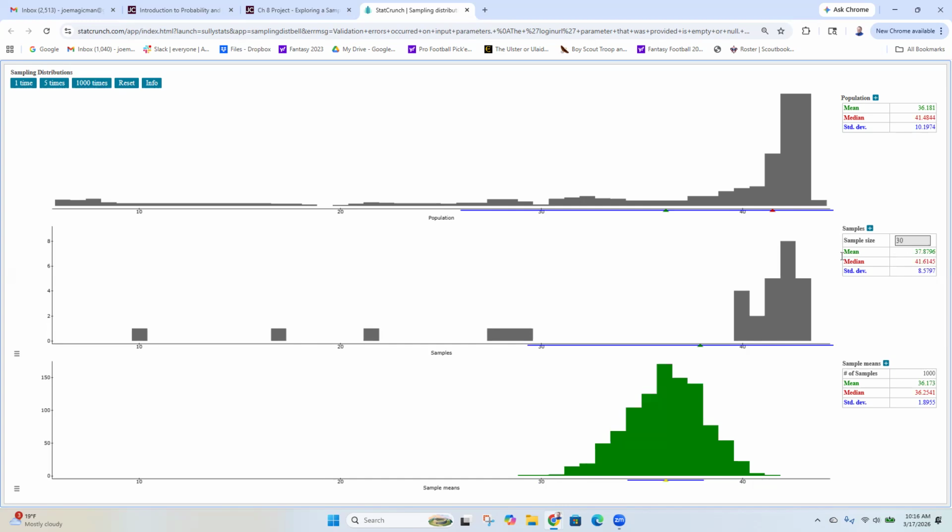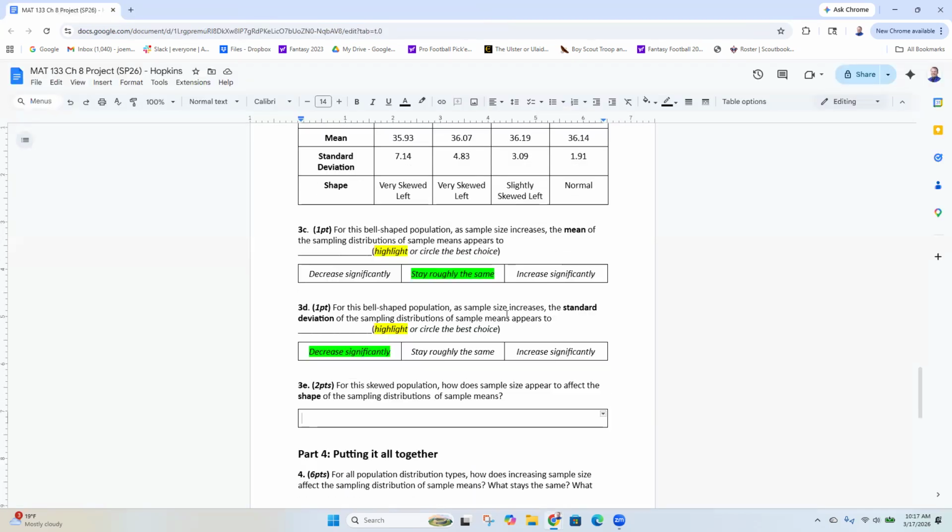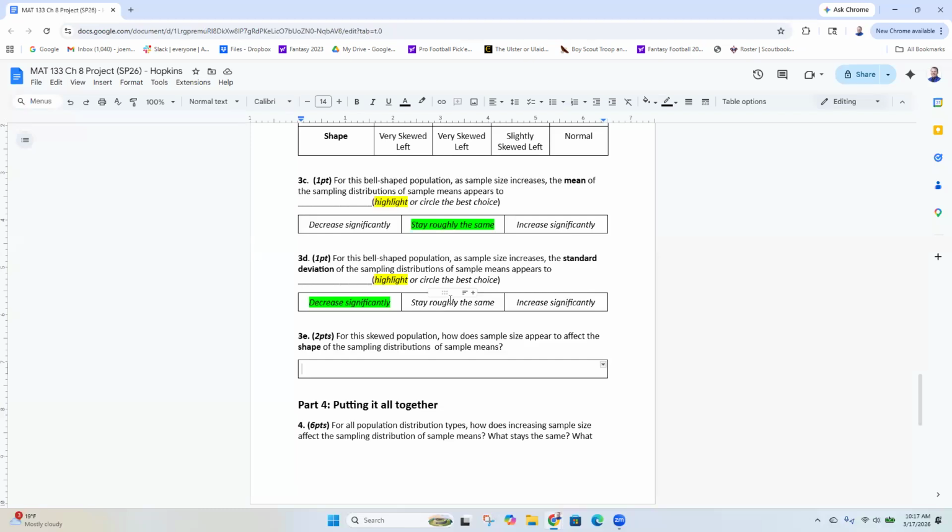Since you're dividing by your sample size, the bigger your sample size is, the smaller your standard error, the smaller your standard deviation will be. We will actually work on that formula not today, but on Thursday. But that's why it's going down. As your sample size goes up, you're dividing by a bigger and bigger number.